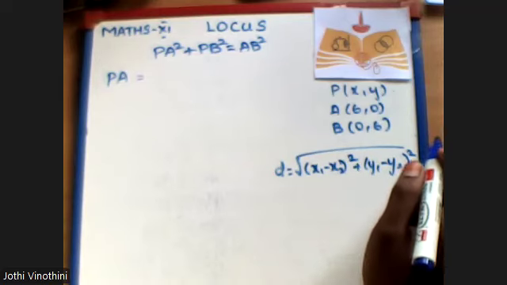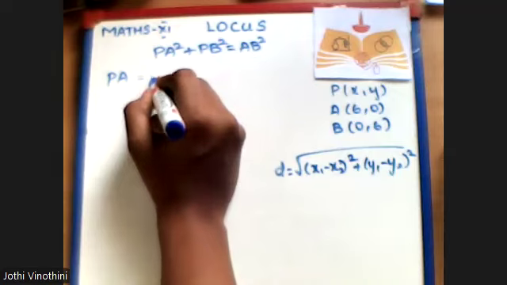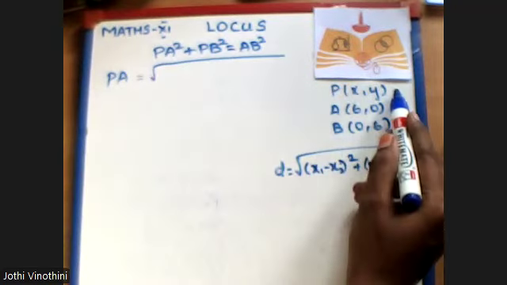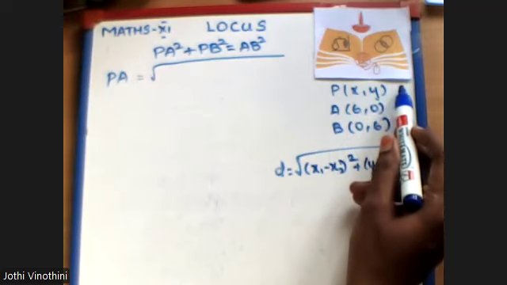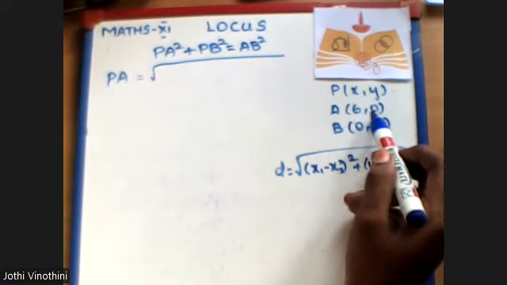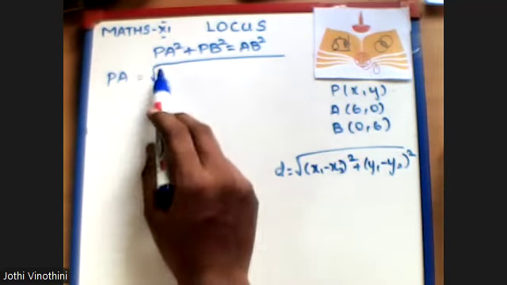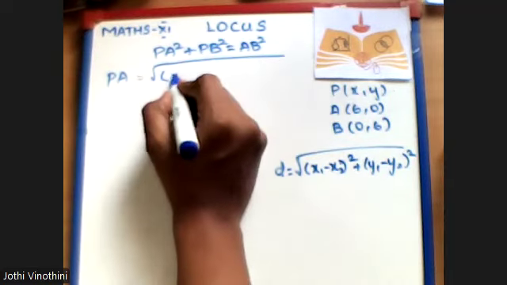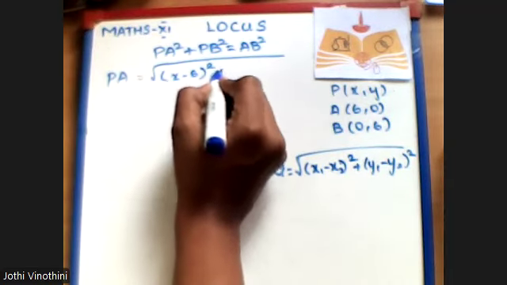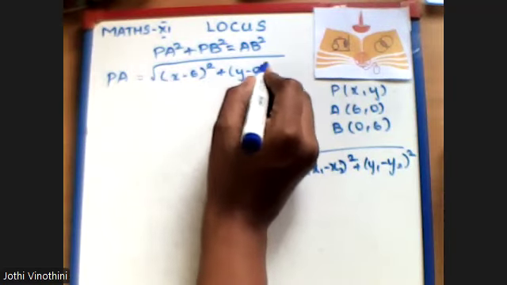Okay. Now you have to substitute this and tell me. Square root of, I'm going to take P's coordinates as x1, y1 and A's coordinates as x2, y2. Right? What will it become here? Square root of x1 minus x2, so x minus 6 the whole square plus y minus 0 the whole square. Super.